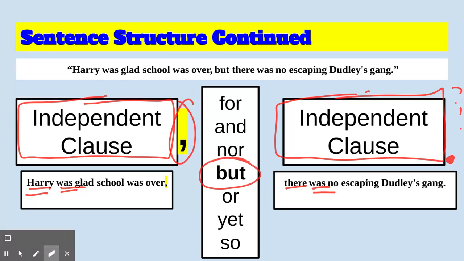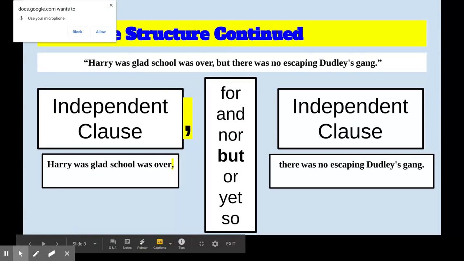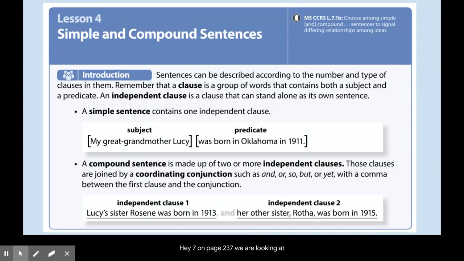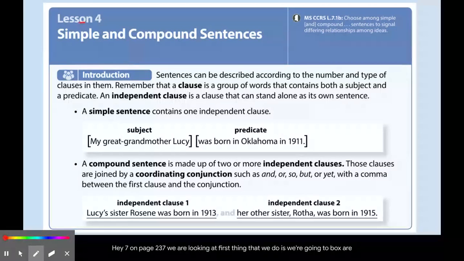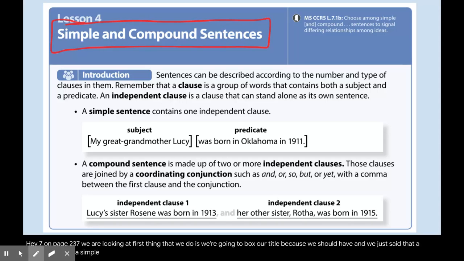Okay. So we're going to go ahead and look at our workbook page on page 237. Okay. So on page 237, first thing that we do is we're going to box our title. And we just said that a simple sentence means it's going to have a subject and a verb.